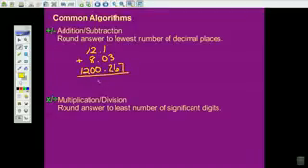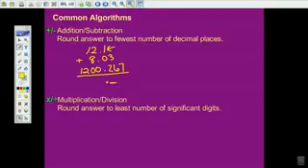Whatever my number comes out to here, I have to keep the fewest number of decimal places, which is this number right here. I've got 1 decimal place. So whatever my answer comes out to be here, I can only keep this decimal place. I can't go out to the hundreds or the thousands. I'm going to stay in the tenths place.